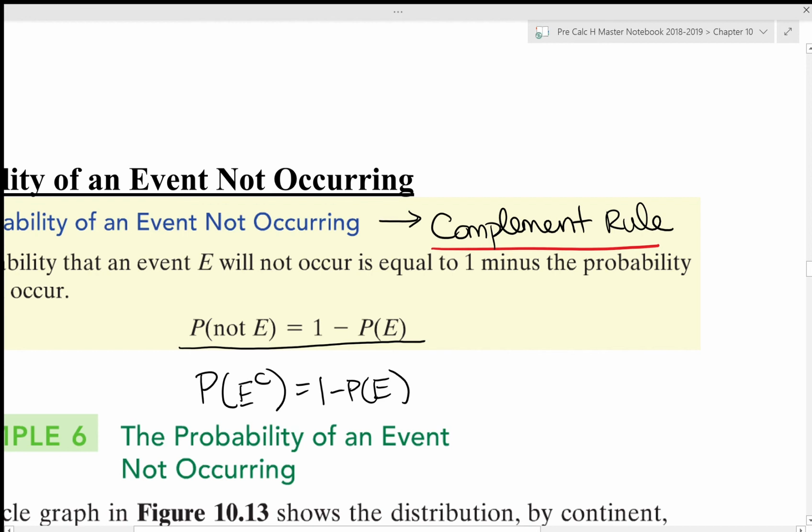Duh, it's the rest, okay? So to find the probability of something not happening, or this C exponent means complement, that's another way you can see it written, it's just 1 minus the probability of E happening. Remember, 1 is the same as 100%. Okay? So, it's just the rest.